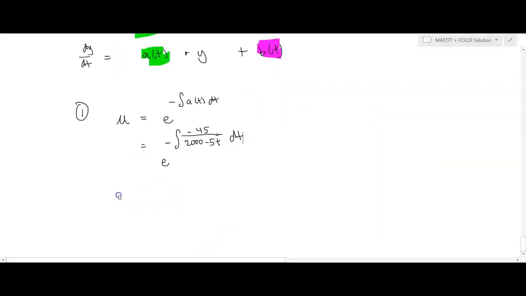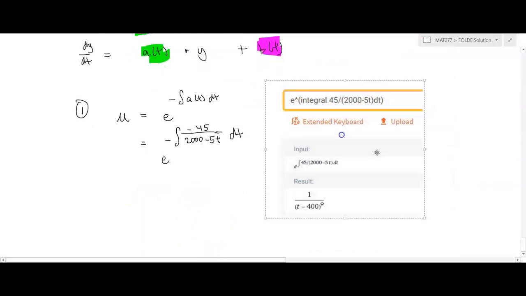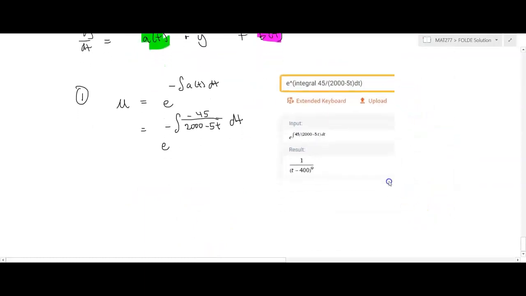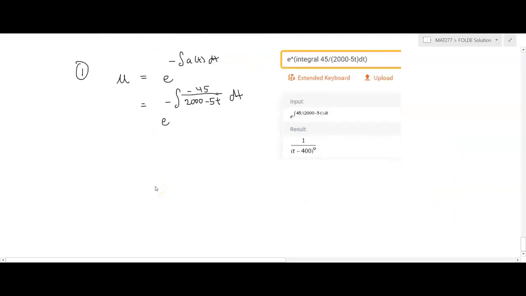Now the beautiful part here is that Wolfram Alpha simplifies everything for us, so we get to focus more on solving the differential equation instead of having to worry about doing the integration in addition to everything else. So there we go, we have that integral written out now. That equals 1 over t minus 400 to the ninth.